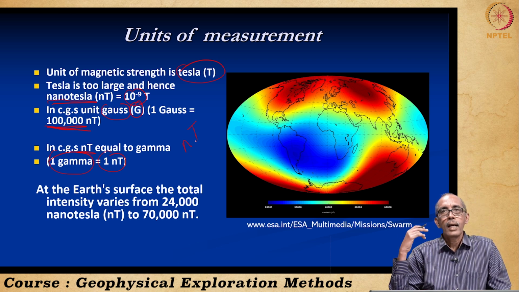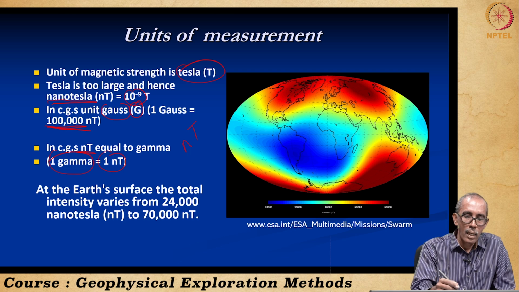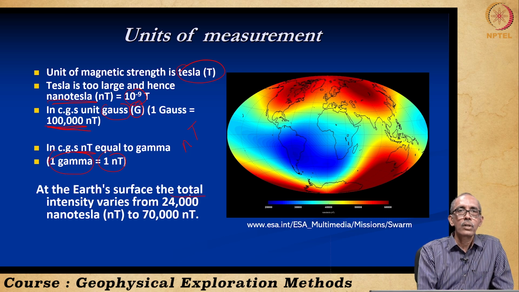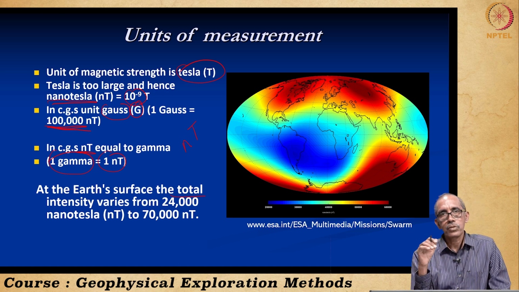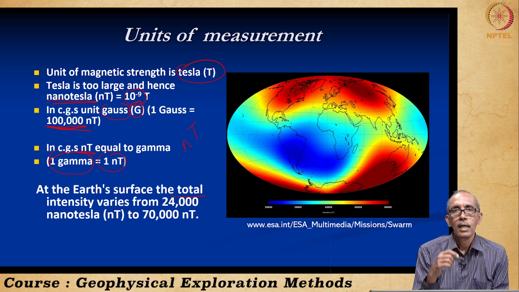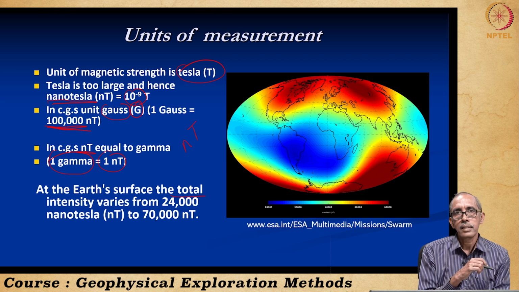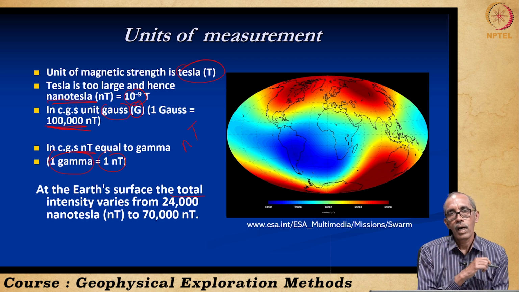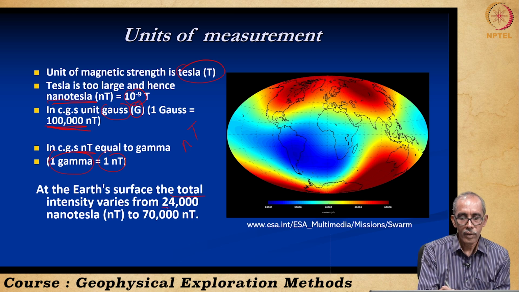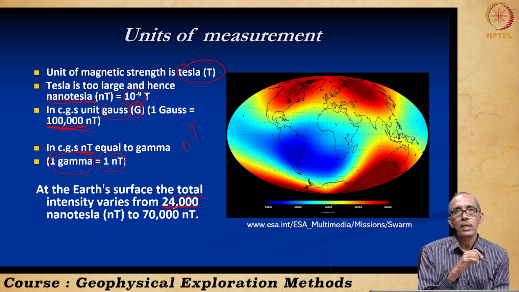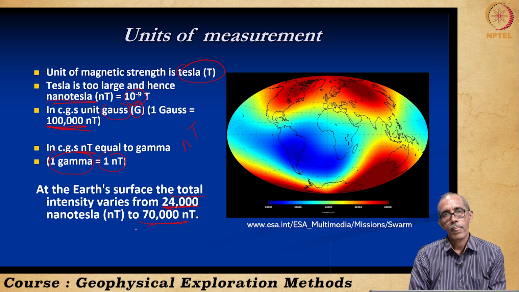Another interesting feature on the surface of the earth is the magnetic intensity, the total magnetic intensity. What is total magnetic intensity? We are going to see that soon, maybe in the next slide. The magnetic field intensity on the surface of the earth varies from nearly 24,000 nanotesla to 70,000 nanotesla.